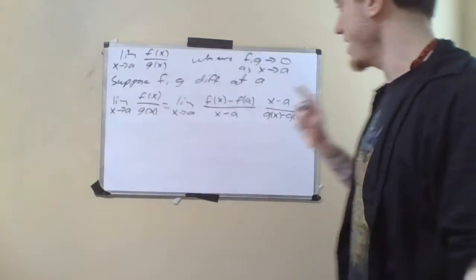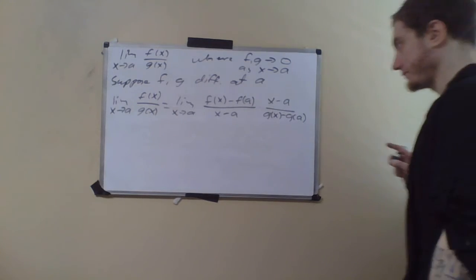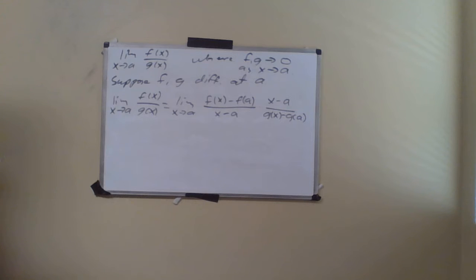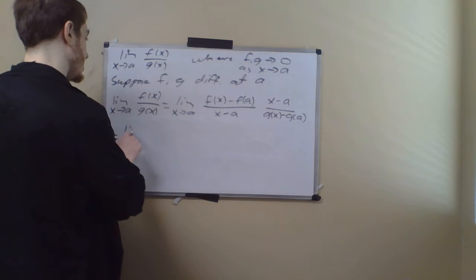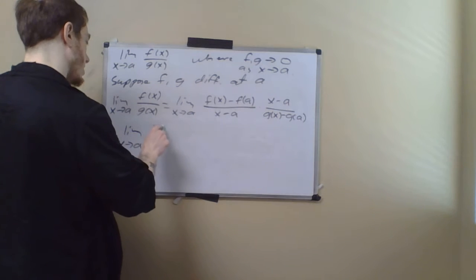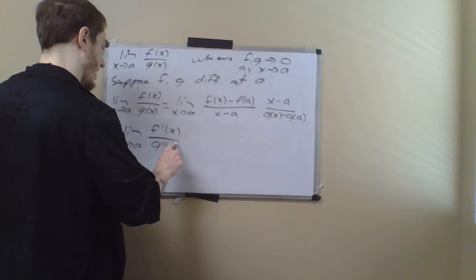The limit does not care about what happens at x equals a. So what can we say about this quantity here? Well, actually, this quantity is pretty simple to see. This is really the limit as x approaches a of f prime of x divided by g prime of x.